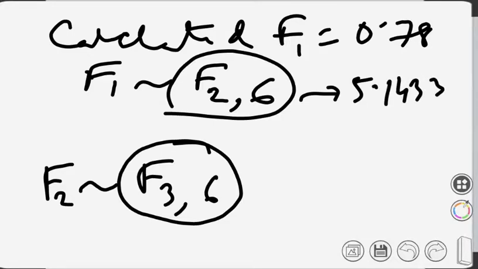Which table are you looking at? Table A6. I already said 5.1433. Yes, that is the F 2,6, and F 3,6 is 4.7571.